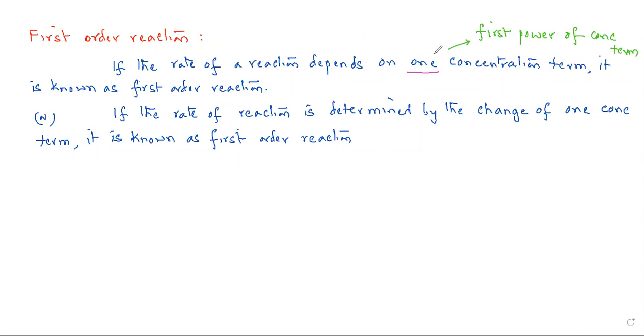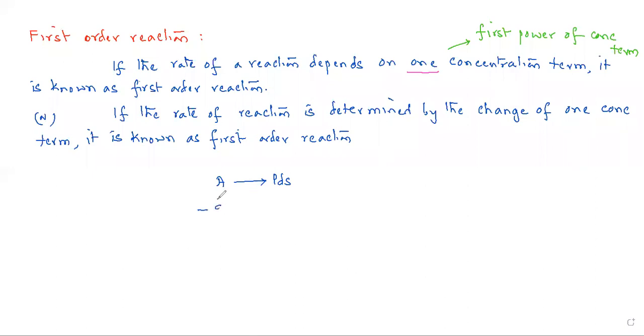Let us take it in mathematical way and let us derive the expression for the rate constant and half-life. Considering this reaction, A gives rise to products.